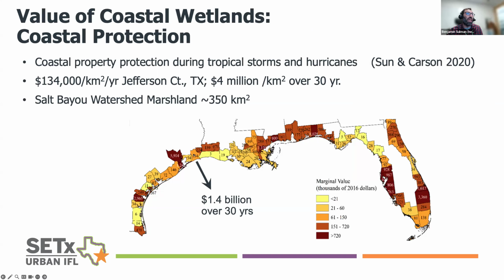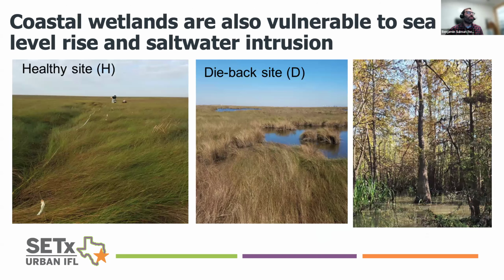Around Jefferson County, where Beaumont is located, if you add it up over a 30-year period, we can estimate on the order of $1 billion worth of the value of coastal protection from this area of wetlands. So they provide these valuable services.